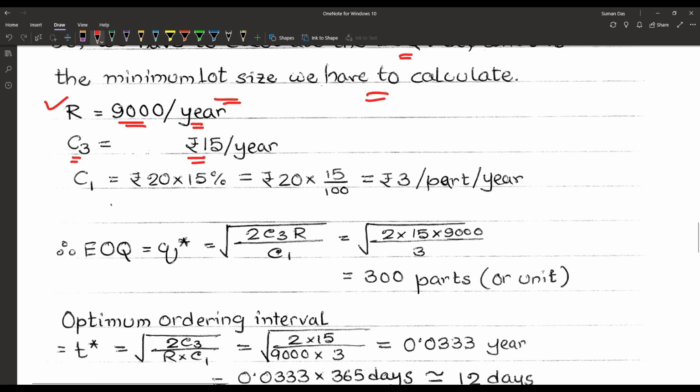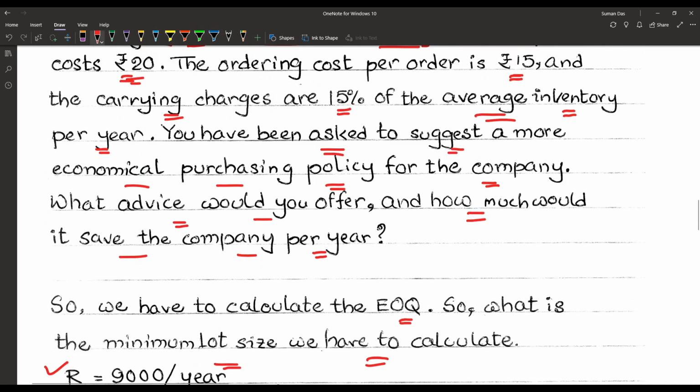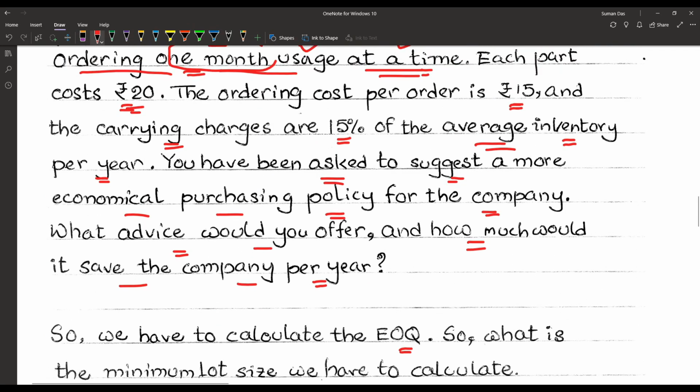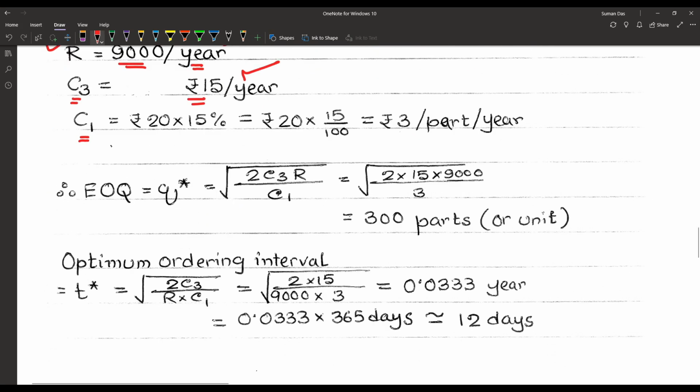So C3 is rupees 15 per order, but C1 has been given in a way that the carrying charges are 15% of the average inventory per year. So C1 must be rupees 20 into 15%, or rupees 20 into 15 by 100, or rupees 3 per part per year. So what we have to find out at first is the EOQ, that is Q star.